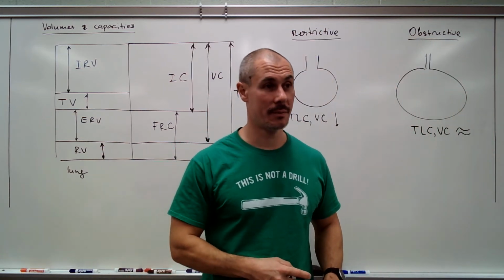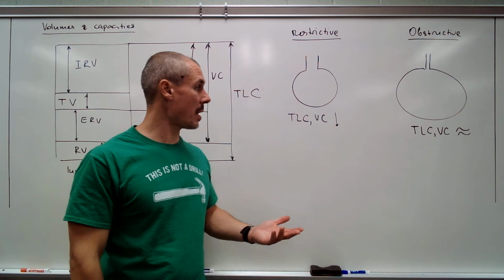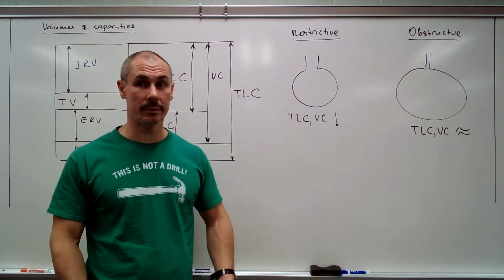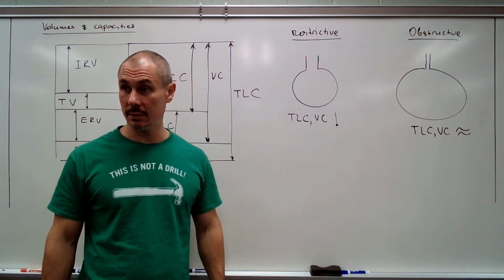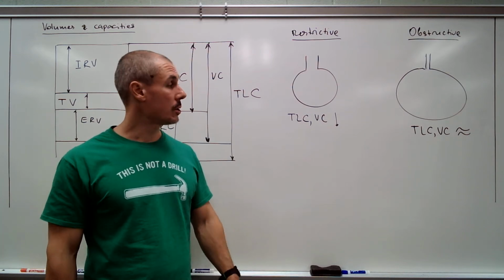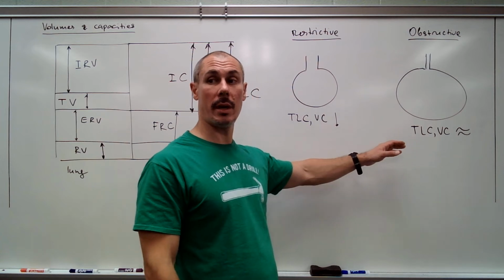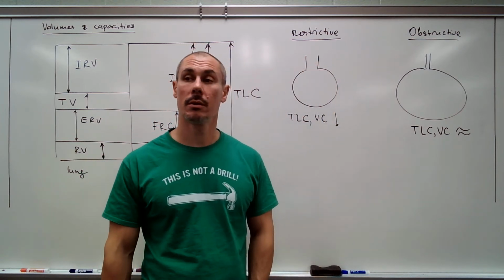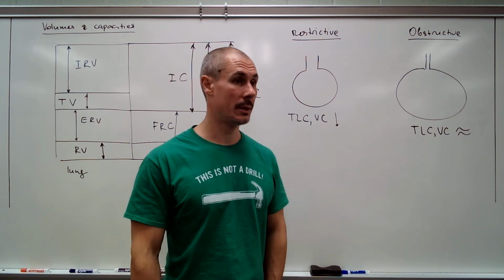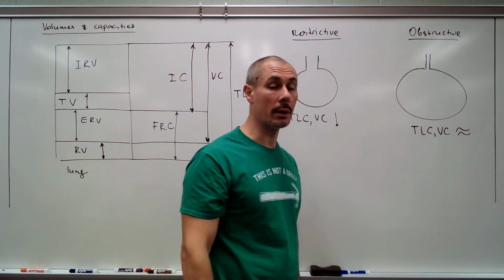But here's the question. You can't really measure total lung capacity without tearing a person's chest and taking the lungs out. Am I clear? So how are you going to measure this? I usually use an analogy of a driveway and a parking lot. Here you have two parking lots.